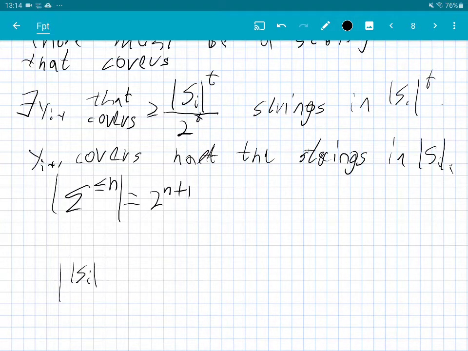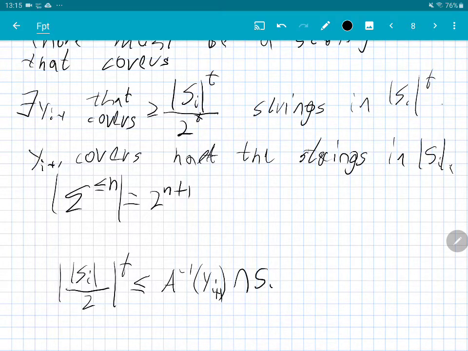Okay. So Si divided by 2 to the power t, right? This is smaller, right? So at least this number of strings, right? This is what we just argued before. This is the number of strings that are covered by the string y_{i+1}, right? So A to the minus 1 of y_{i+1}, intersection with Si, right?